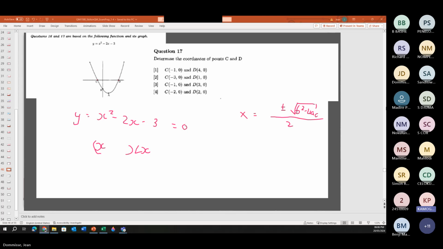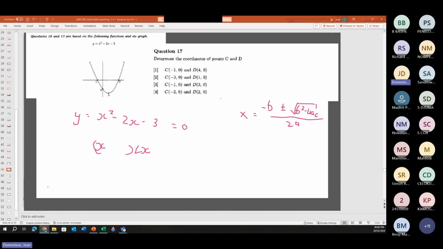It's b plus minus the square root of b squared, and it's divided by 2a. Yes, there's a minus before the b: minus b plus minus the square root of b to the power of 2 minus 4ac, divided by 2a. Perfect.